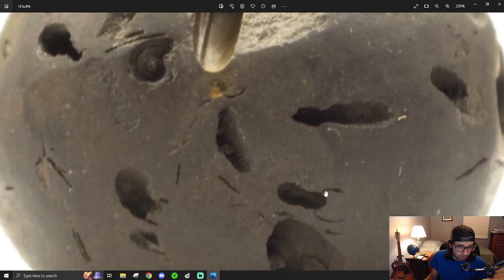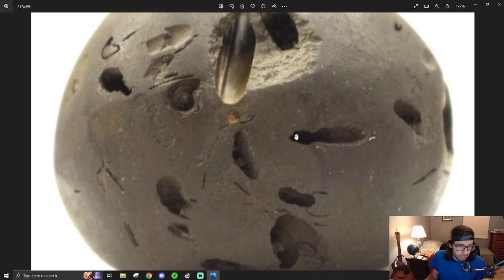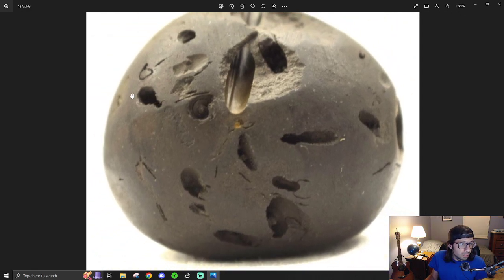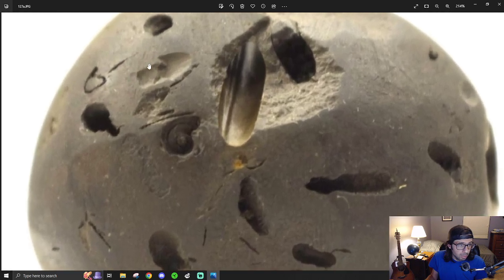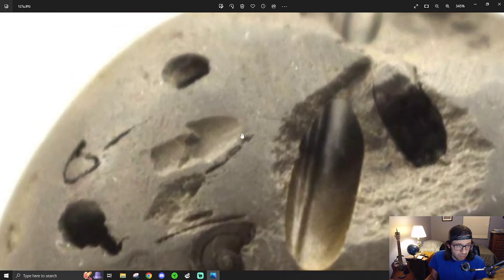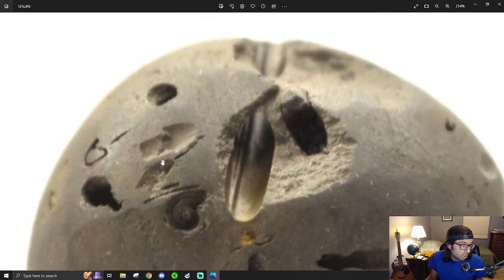Some more shallow ground features that are incomplete. Elongated. Incomplete, but just subtly etched into the boundary of the stone.